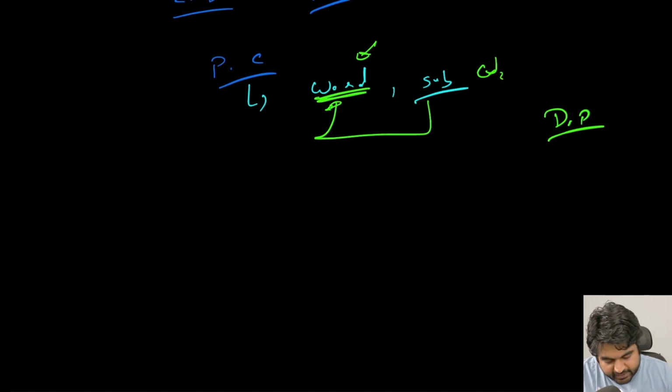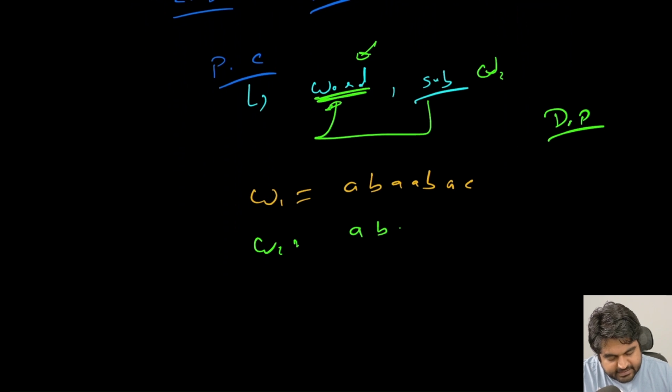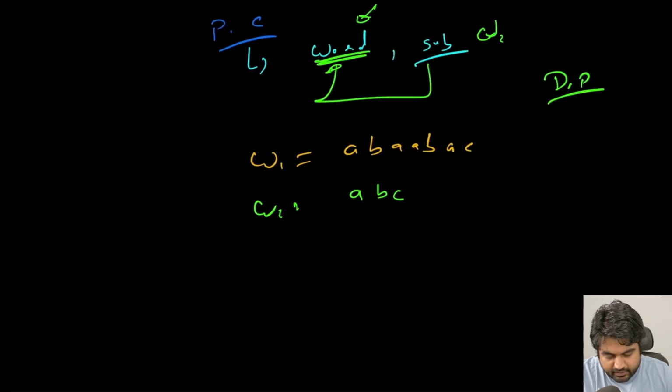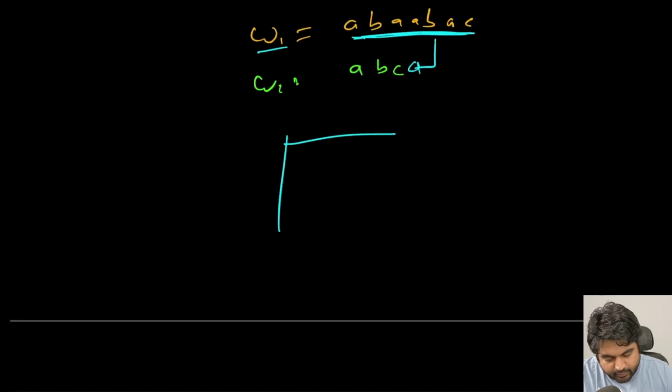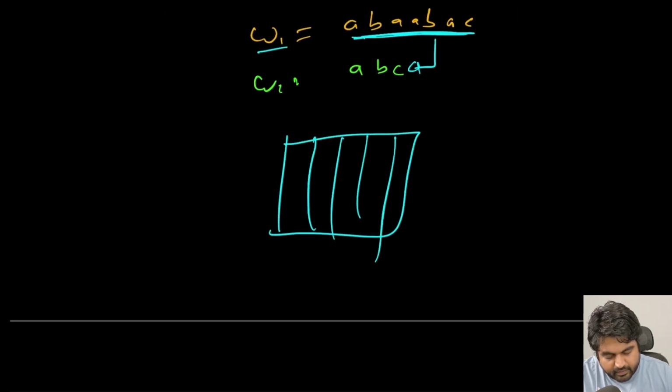So let's say that for word 1 we are given the values a b a b a b a c, something like this, and word 2 is given as a b c. In this case, we can take every single possible combination of word 1 against word 2 in a grid-like format.